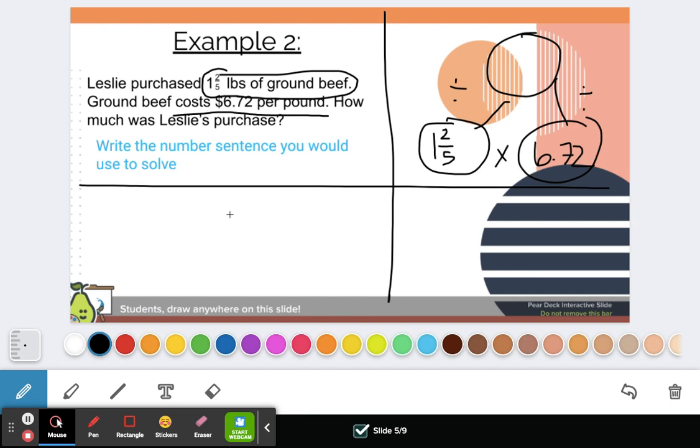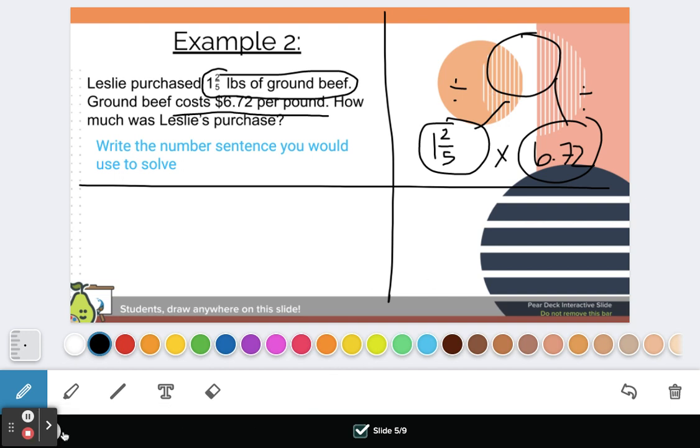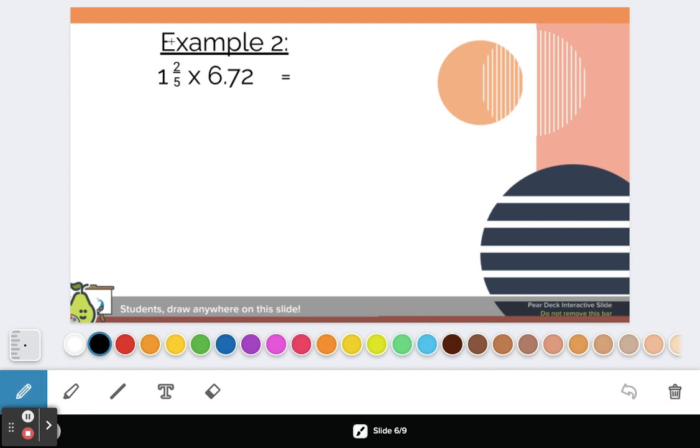But in this case, since they didn't tell us, we're just going to change this as a decimal. So then I'm going to be working with the 1 2/5 times my 6.72, and let's actually move over to the next slide so that we can see what it should look like.